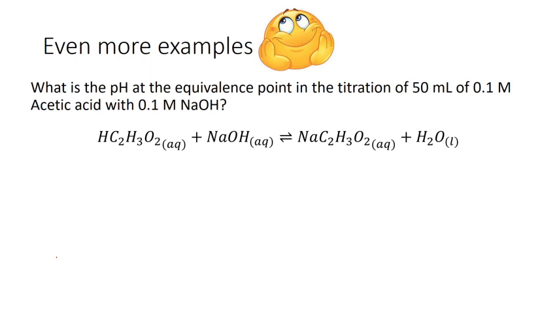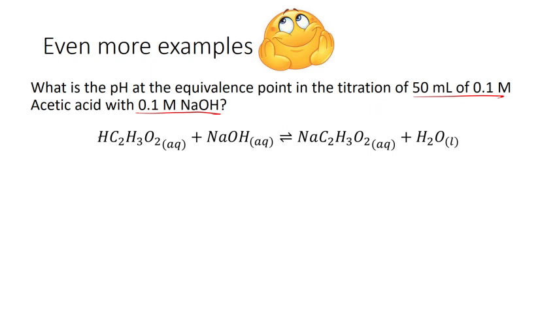But to start out, we're really only interested in this reaction because we need to know how much of this NaOH is going to be required to neutralize this and get it to the equivalence point.